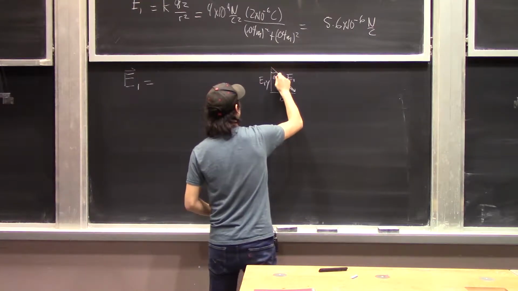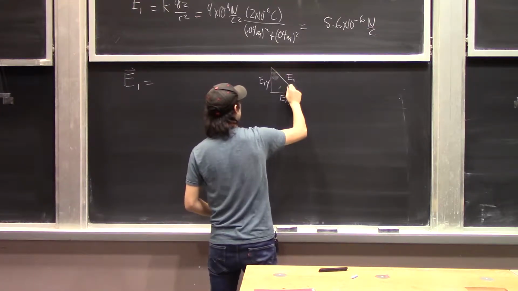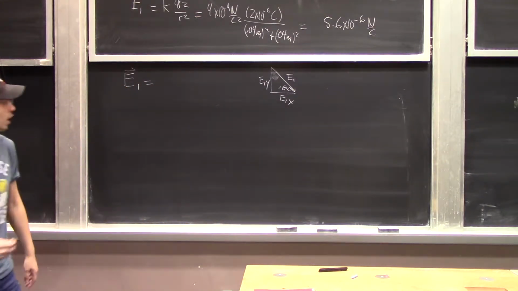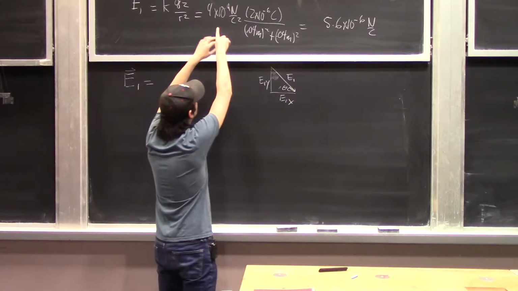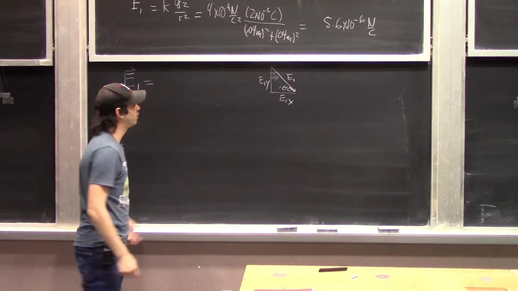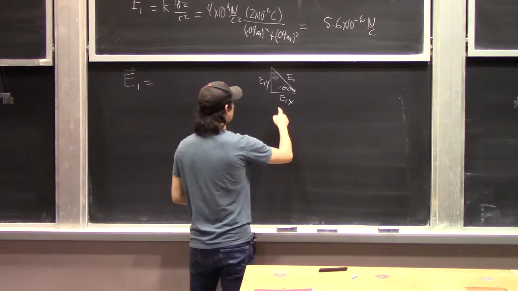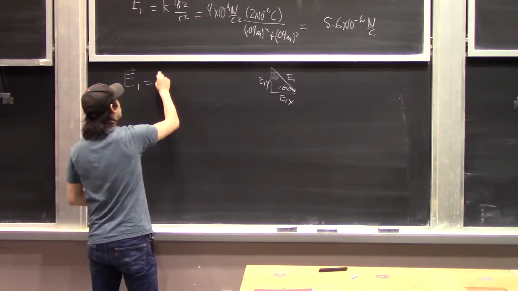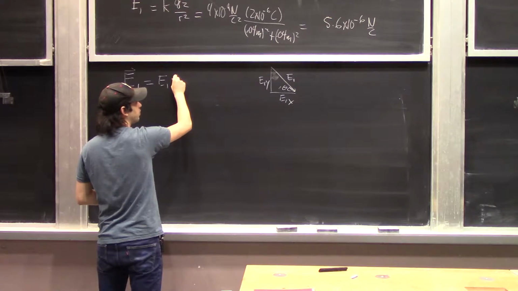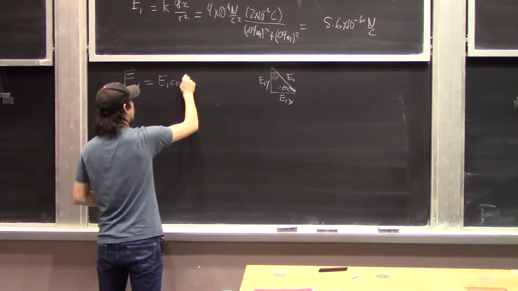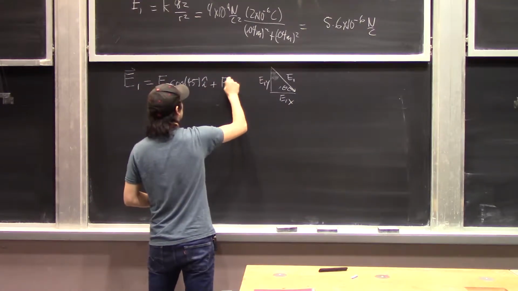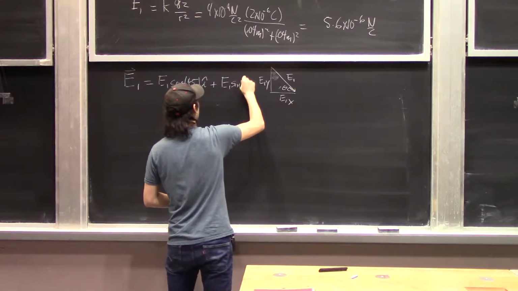And this is going to be some angle of 45 degrees because it's a square, and so all of the sides are the same. And so when I break this into components, this is going to be the E1 that I calculated here times the cosine of 45 times i hat plus E1 times sine of 45 times j hat.